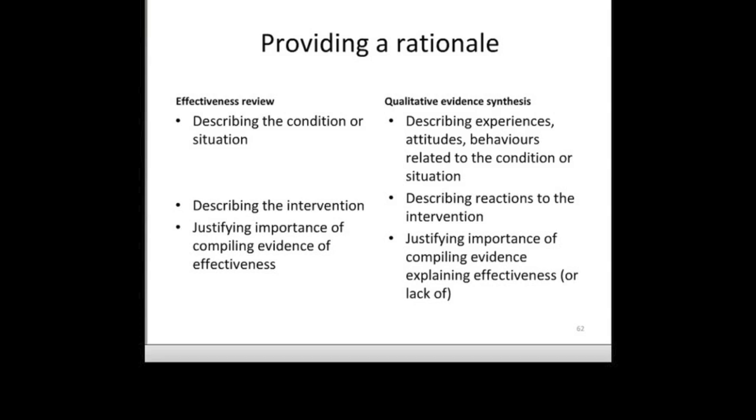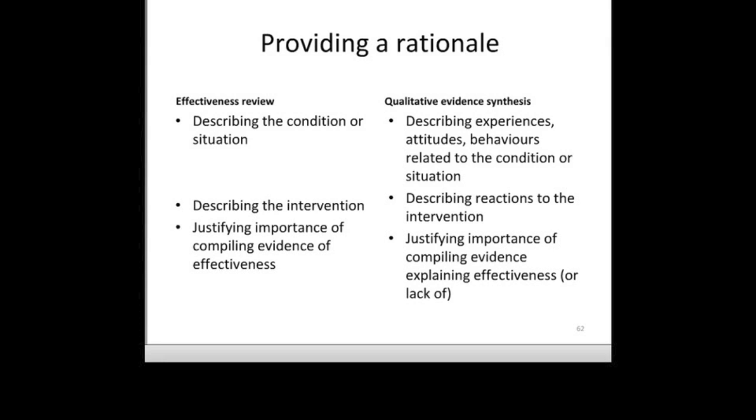We rather describe experiences and attitudes, behaviors related to a certain condition or a situation, or even the reactions of a target group to interventions that have already been tested out and need to be improved. So that's a way of trying to justify why it's important to compile evidence, qualitative evidence, that may explain heterogeneity, for example, in effectiveness reviews.